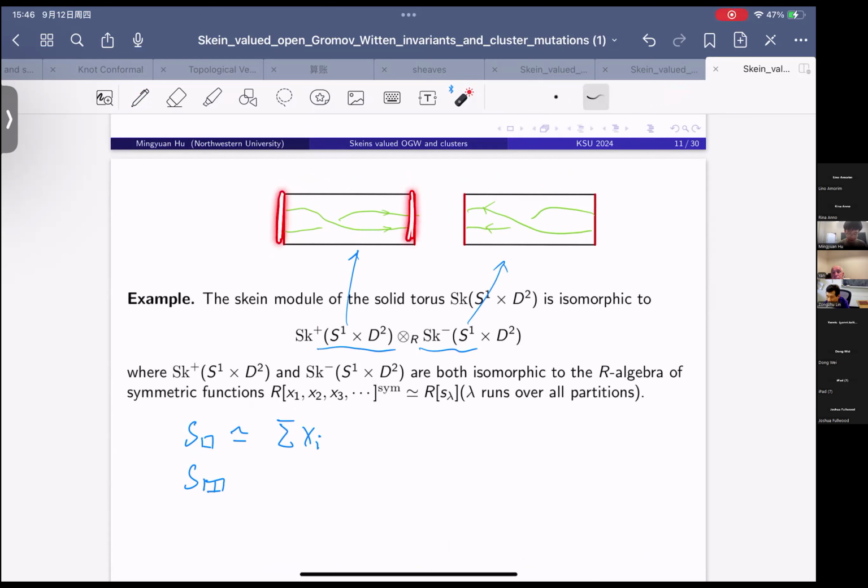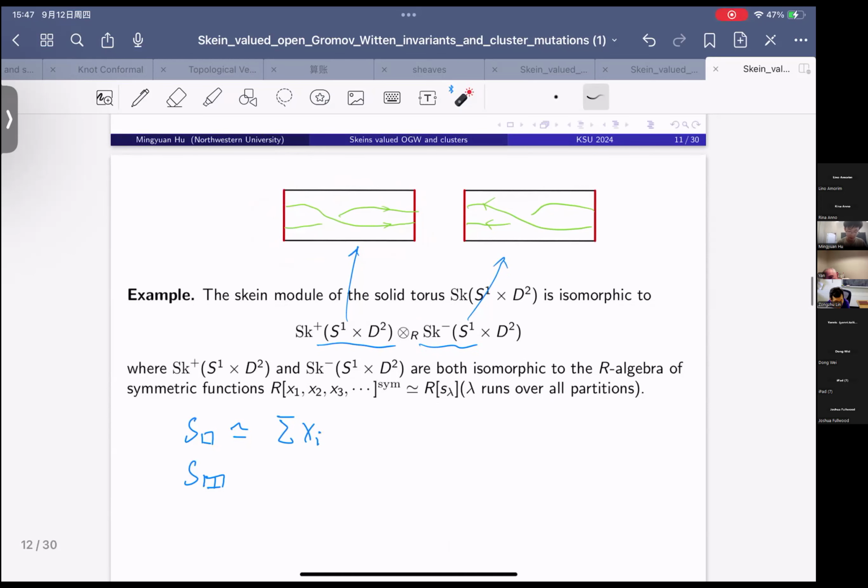It's the same as the skein module of solid torus because we glue this edge to this edge. So when I draw such a diagram, the green bridge is indeed a link in the solid torus.